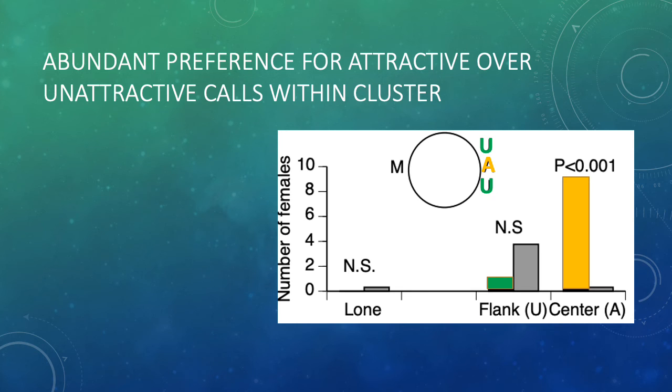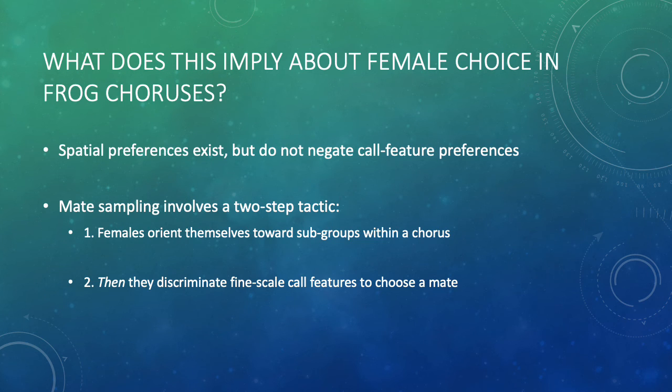When the magnitude of difference within the cluster was largest, attractive versus flanking unattractive speakers, we again saw almost half of our females, 9 out of 21, consistently approach the middle, but we saw a non-significant number just so happened to reach 4 out of 5 for one of the unattractives. So they approach clusters, but once they get there, a lot of the behavior is very much non-random.